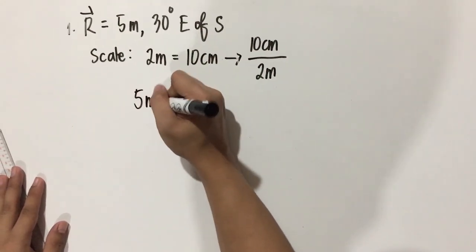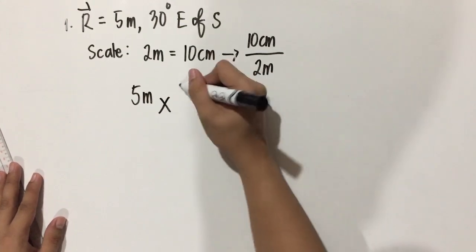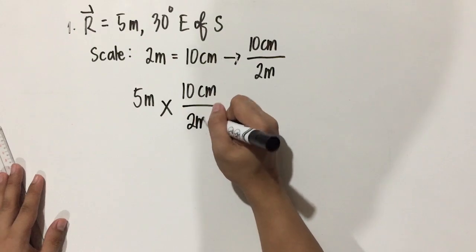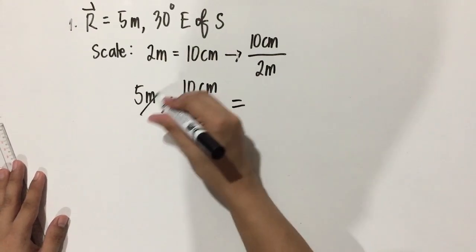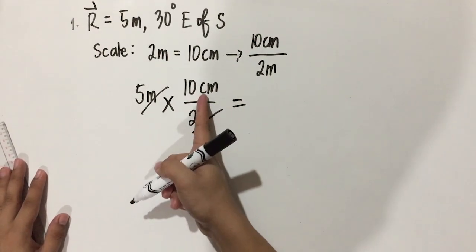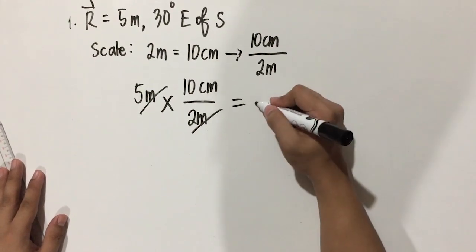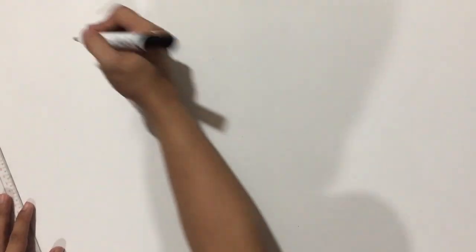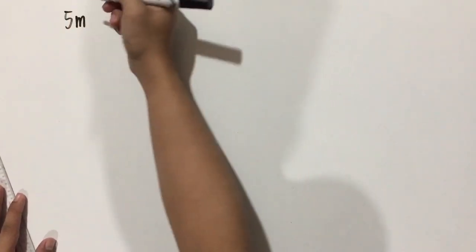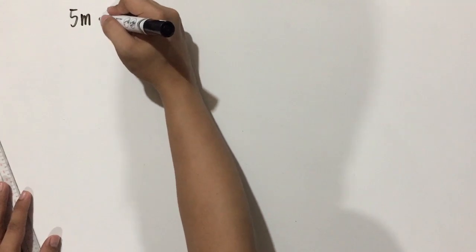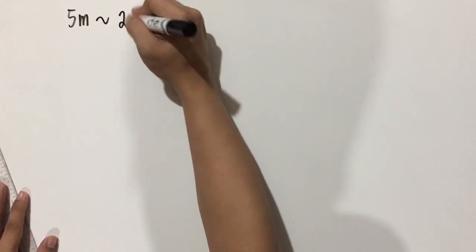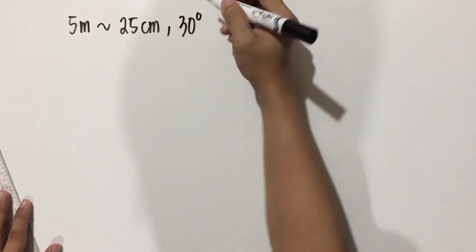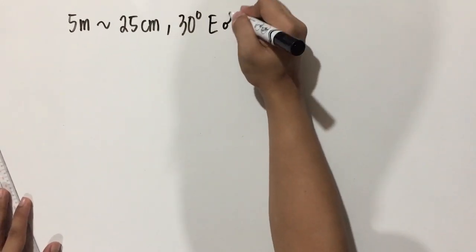So 5 meters multiplied by the fractional form, 10 centimeters over 2 meters. Cancel similar units. Then do the operation 5 times 10 divided by 2. That gives us 25 centimeters. Now let's write again our converted value for 5 meters. That is 25 centimeters, 30 degrees east of south.